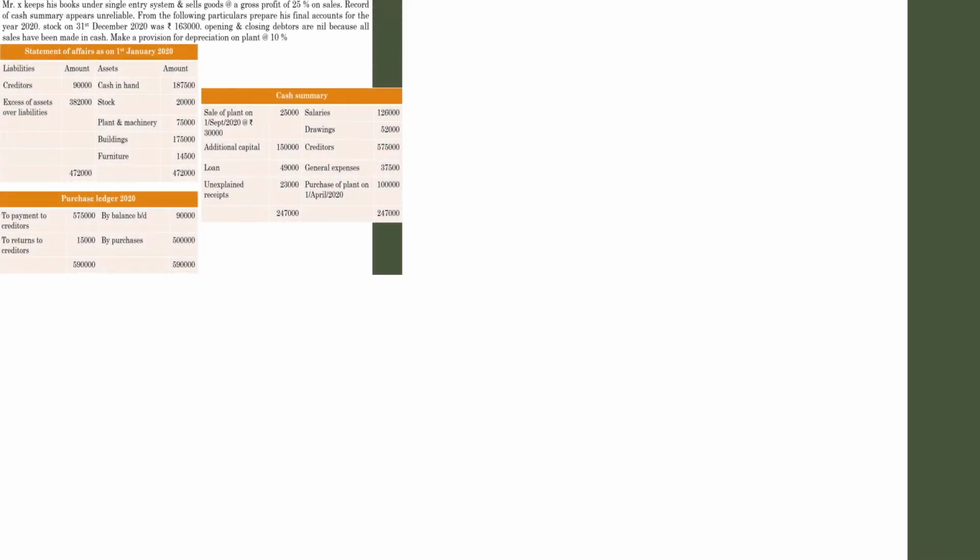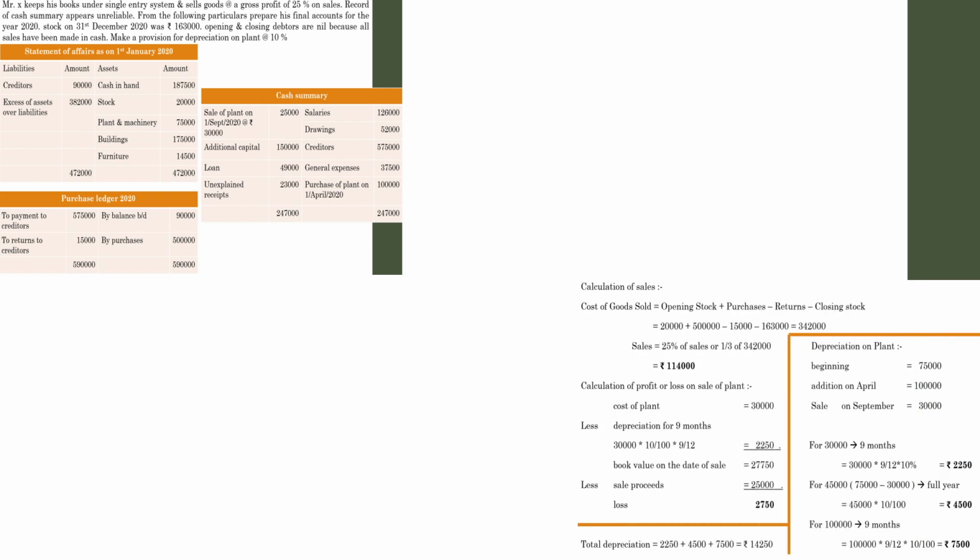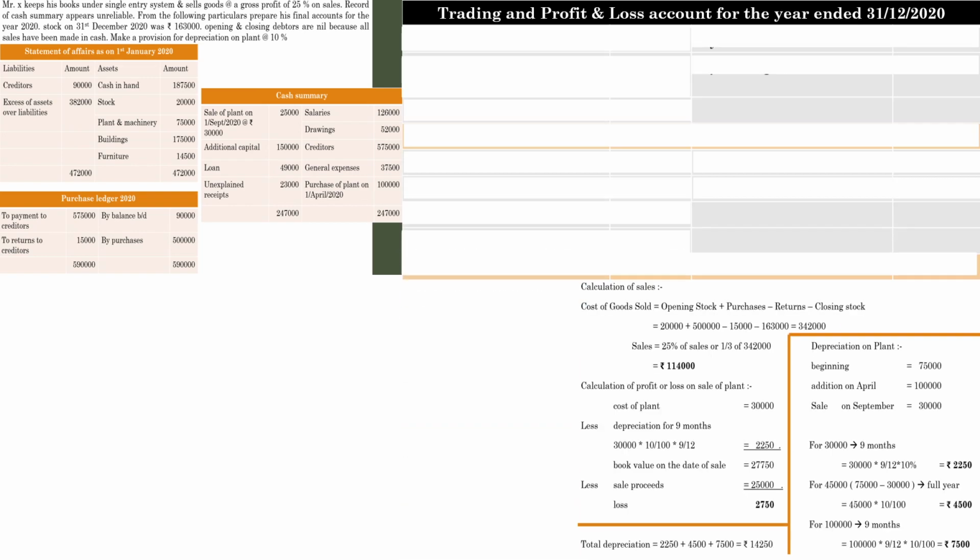Next one, that is the copy of the question which we have discussed. These are the additional computations which we have done on the basis of the information given in the question. On the basis of these details, let us prepare the final accounts of Mr. X. So we will begin with the trading profit and loss account for the year ended 31st December 2020.